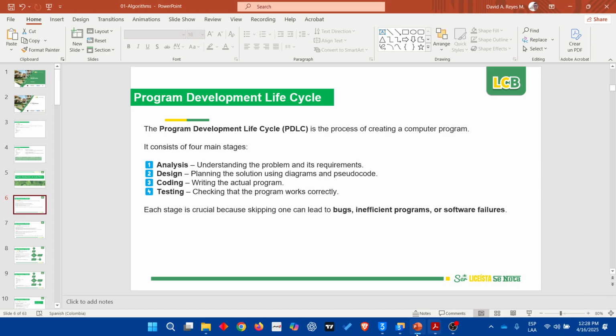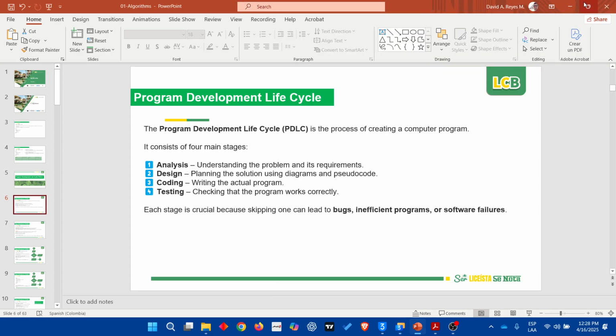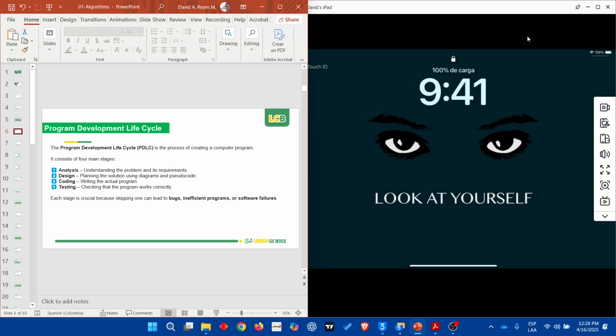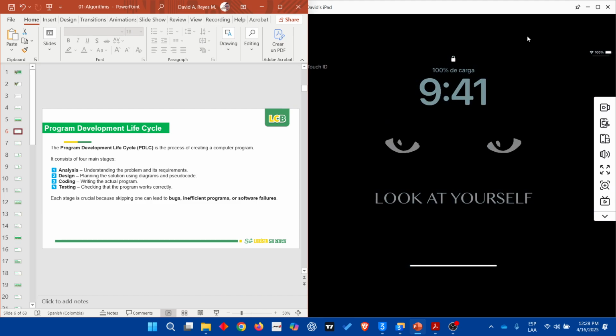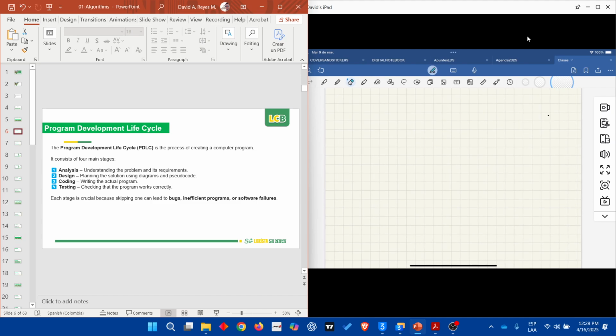So the program development life cycle, PDLC. As you are watching here, there are four stages. I'm going to start talking about them one by one. I'm going to write now what is happening here. Something happens with my iPad. Okay.